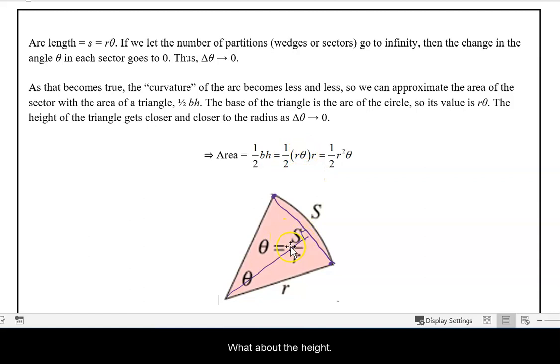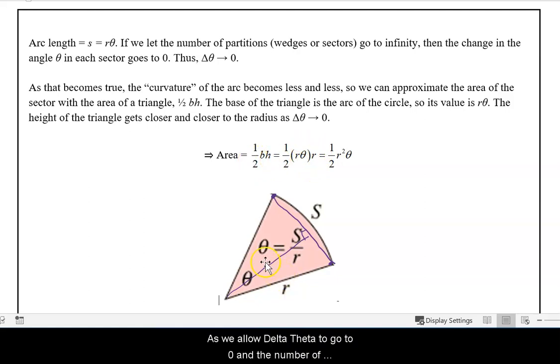What about the height? If this were truly on a circle, then coming from the vertex here of the sector all the way to the arc, which would of course go past a little bit of the triangle, that would give me the radius of the circle. I can approximate it by letting h, the height of the triangle, be approximately r.